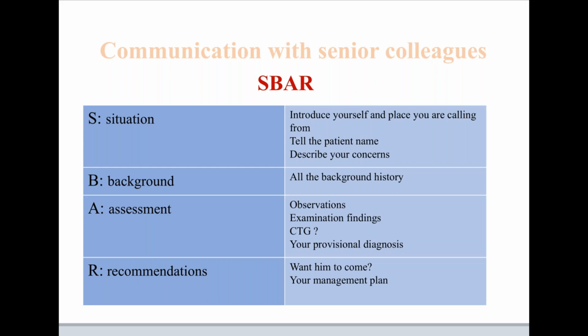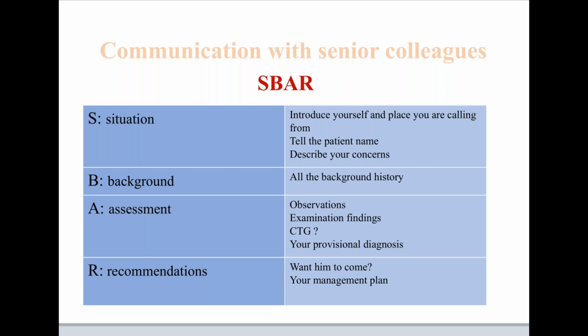Then the background comes next. First we start with the situation, then we follow it with the background. In her background history, she is a primigravida, she is 39 weeks, she was admitted 2 days ago, and she has been induced for PIH and so on. So this is the background history. Then the assessment.